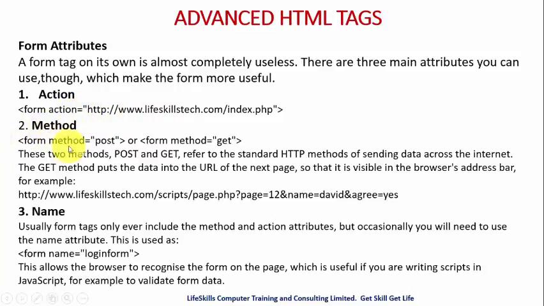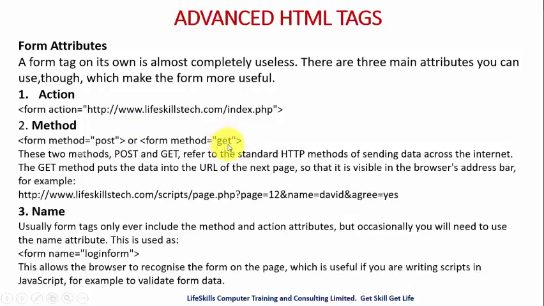Then we have the method attribute. When you're writing a form in HTML, you either use a method called post or a method called get. Now, there is a difference between the two of them. When you use post, the form data will be posted directly into your database, and the browser will not display the form data.